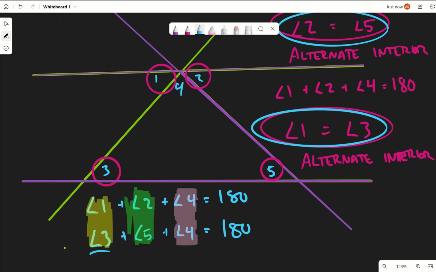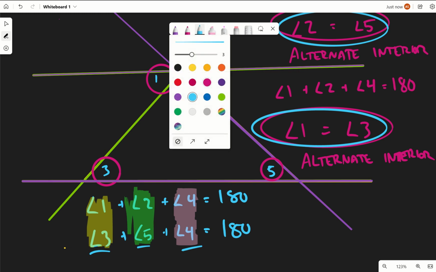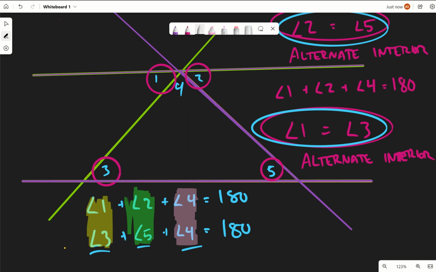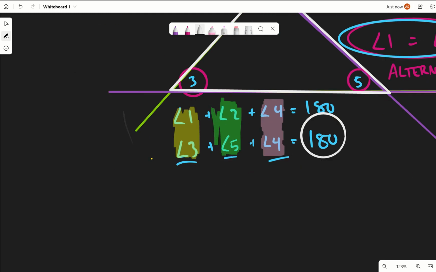Angle 3 plus angle 5 plus angle 4. But we already knew that because angles 3, 5, and 4 happen to also form the inside of a triangle. And we remember that all triangles that exist add up to 180 degrees.